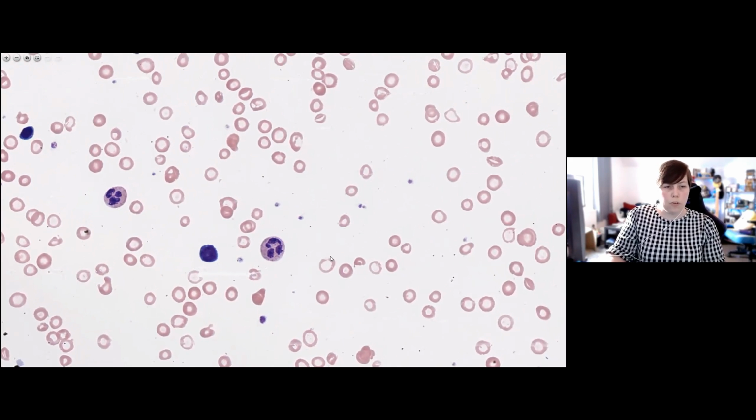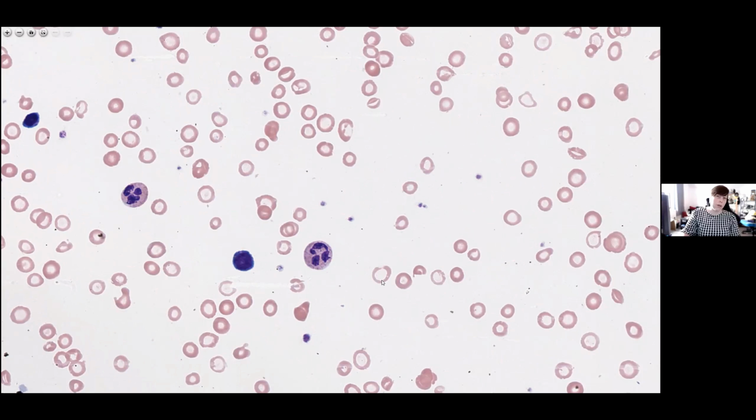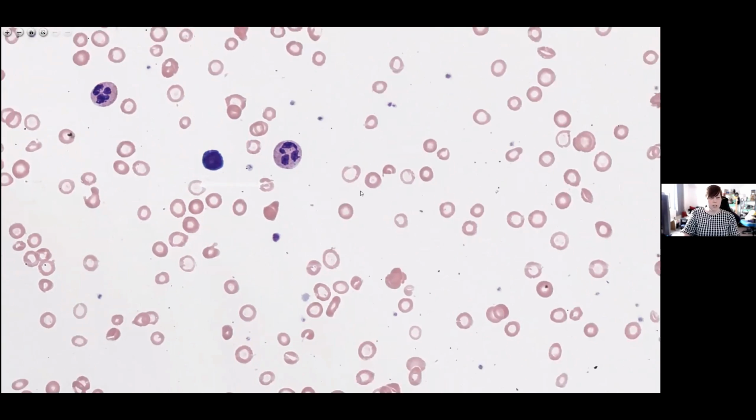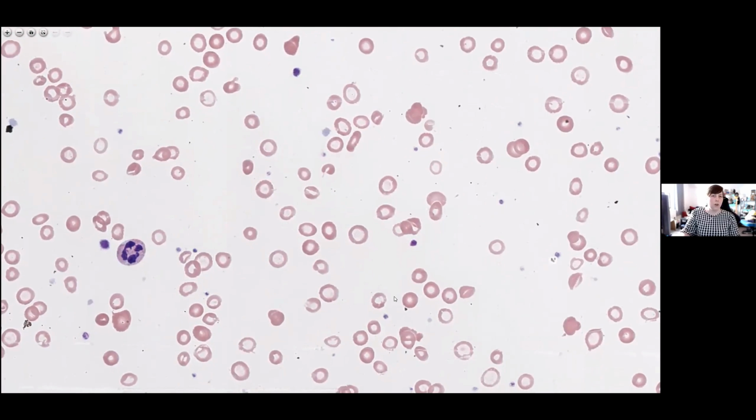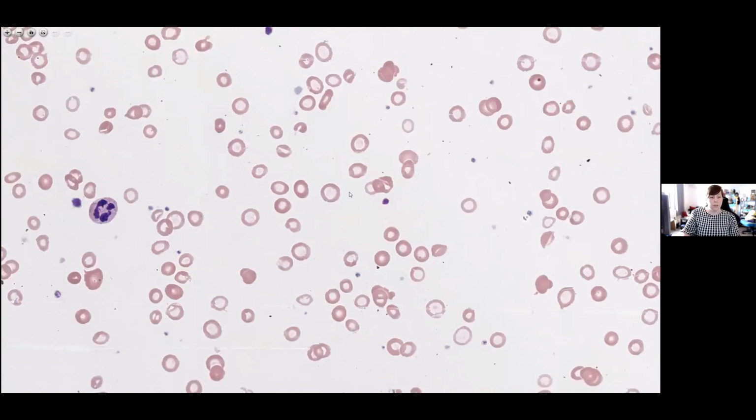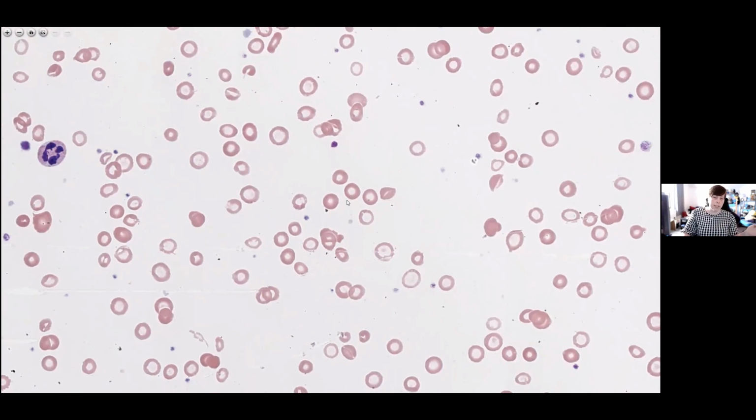What you're left with really is this very, very light staining, poorly hemoglobinized cell where the central pallor is much bigger than it should be. This represents essentially low hemoglobin concentration in that cell. It's also small. So this is what we would call a hypochromic microcyte. And looking around this field, that's what the majority of those cells are. So the overall pattern is hypochromic microcytic.